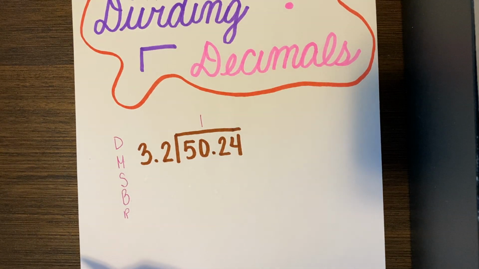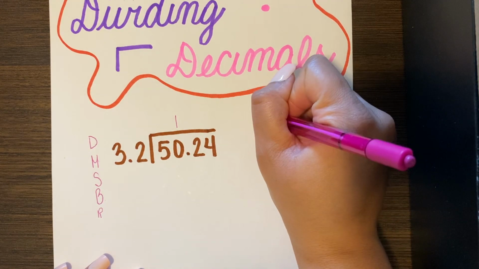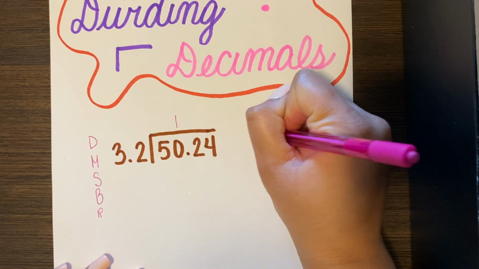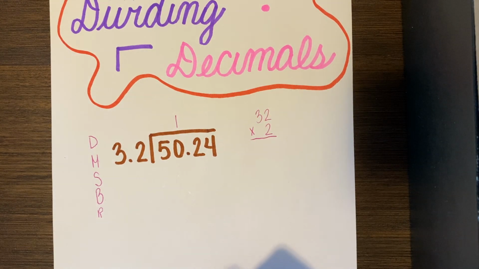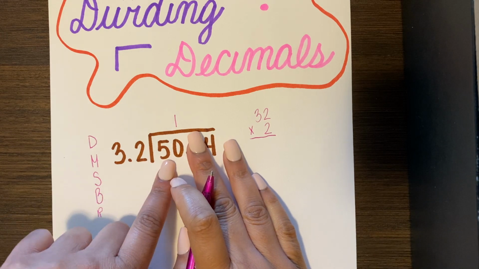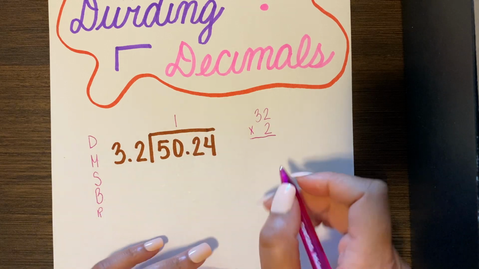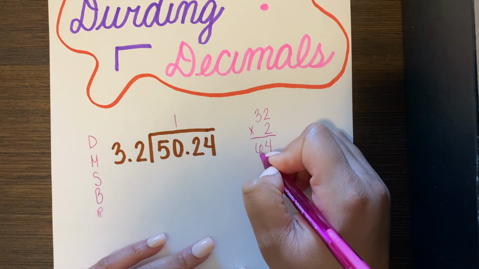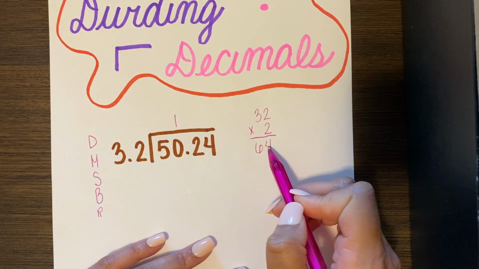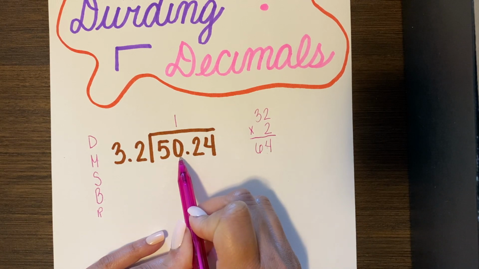And what do I mean by how many times can 32 go into 50? Well, that's when we start multiplying. I'm going to take 32 times 2. I know 32 times 1 is just 32. I want to get as close to 50 without going over 50. You don't want to go over, okay? 2 times 2 is 4. 2 times 3 is 6. 32 times 2 is 64. 64 is larger than 50.